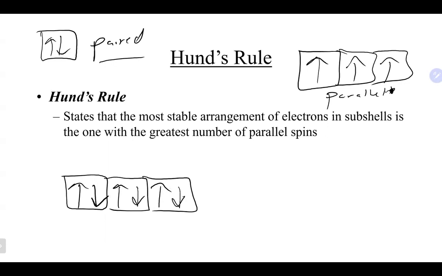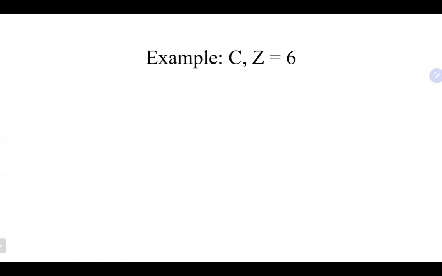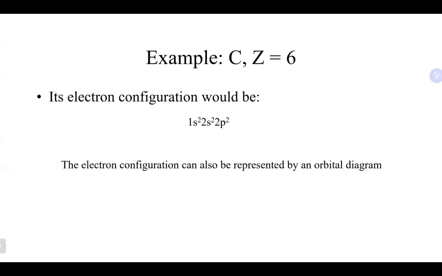So one at a time across until we run out of room, and then come back and pair off is how we would do that. When we get to something like carbon, for example, which is 6, it would be 1s2, 2s2, 2p2. And we would have our orbital diagram here: 1 up, 1 down, 1 up, 1 down, 1 up, and now our next one would go right next door into the py orbital. The pz orbital will then get 1, and then we'll come back and start pairing everybody off.